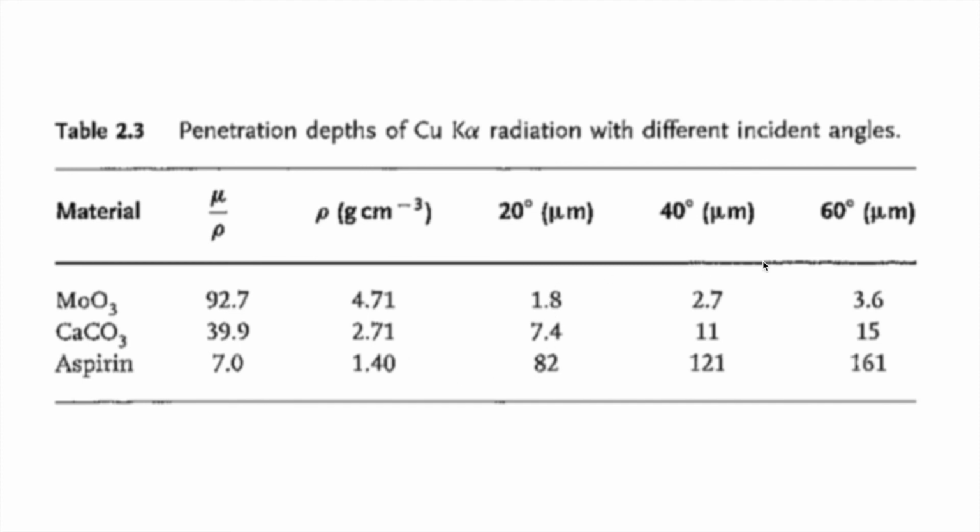And then at different angles, you see the penetration depth. In all these materials, the more dense something is, the less the X-rays will penetrate. That's fairly self-explanatory. But also the penetration depth goes up with increasing angle. So if you go from 20 to 40 to 60, you see that the depth goes from about 2 up to 4, so it doesn't change all that much. But down here for aspirin, it goes from 82 up to 161, and this is in microns.